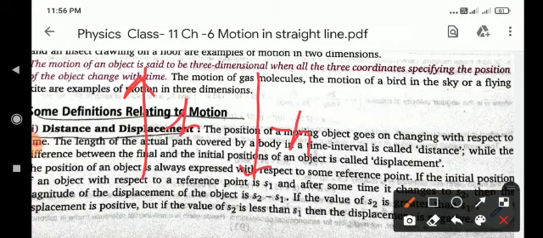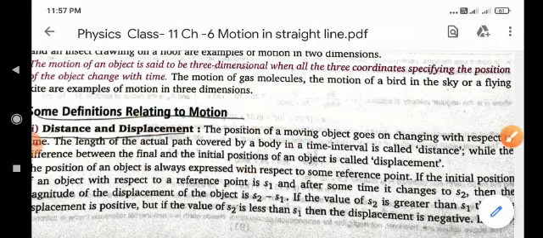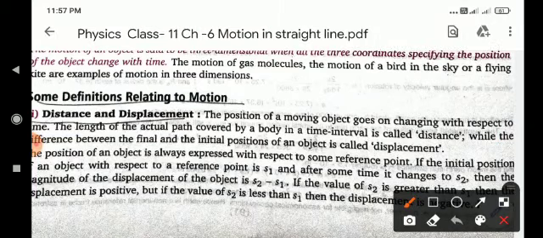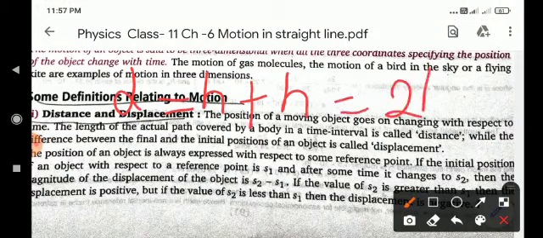Again, the displacement of the stone is 0, but the distance covered by it is 2h. In the upward direction the distance is h, and in the downward direction h, so h plus h, that is 2h.